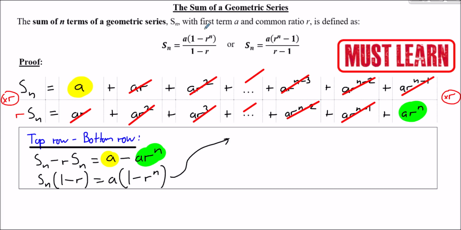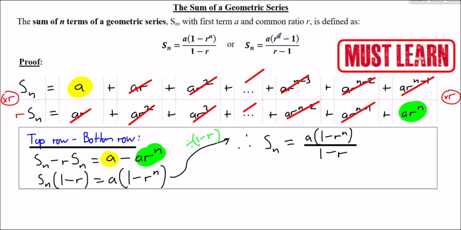And finally, if I divide both sides here by 1 minus r, I can see that therefore Sn equals a, brackets 1 minus r to the n, all divided by 1 minus r, which is the result we wanted to prove all along.